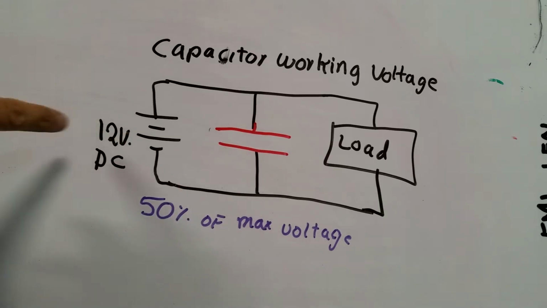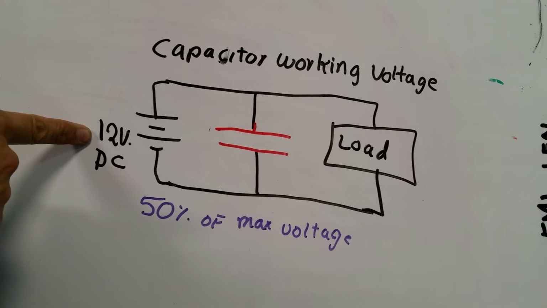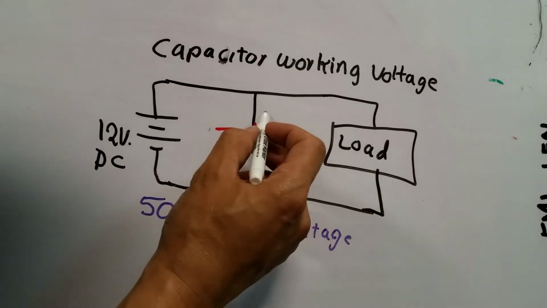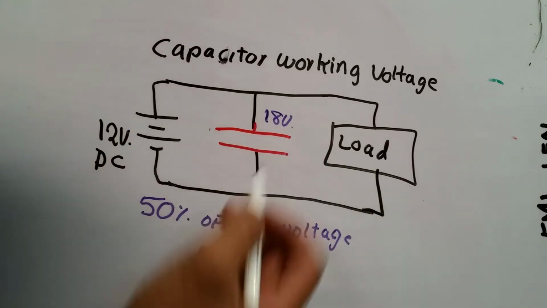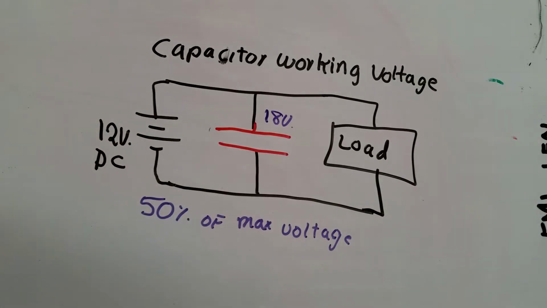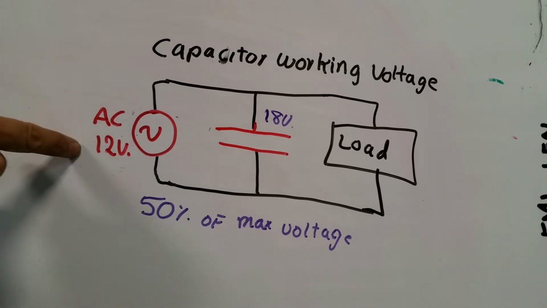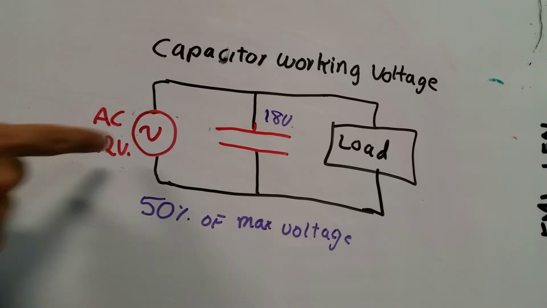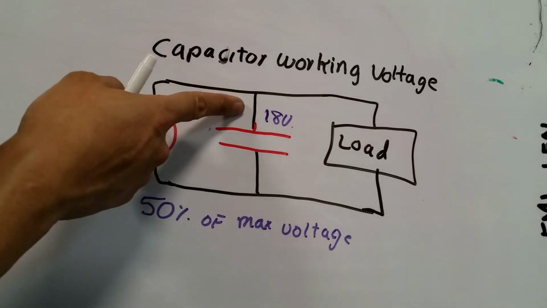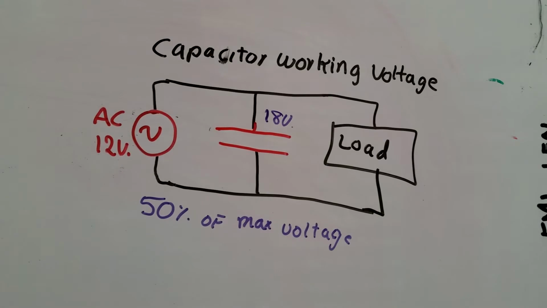So 50% of 12 would be 6. So I should use an 18 volt capacitor for this circuit to be safe. But if I change and now put an AC source of 12 volts, an 18 volt capacitor will not work because of peak to peak.